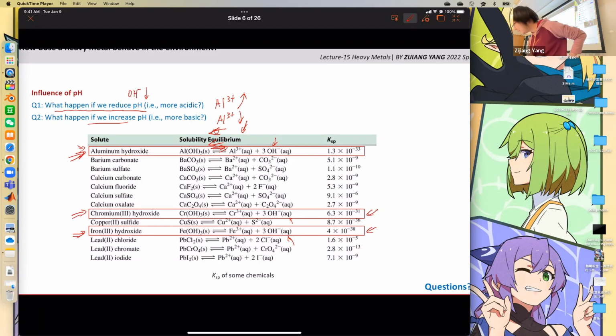Summarizing them together, if the pH is reduced, or if the environment is more acidic, we will have more heavy metals in the 2+ or 3+ form. Because they have charge, they are not precipitates, they are dissolved in the water. So as the pH decreases, the heavy metals are more movable, with the ability to move to other places.